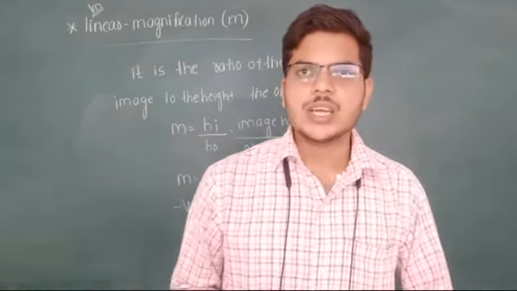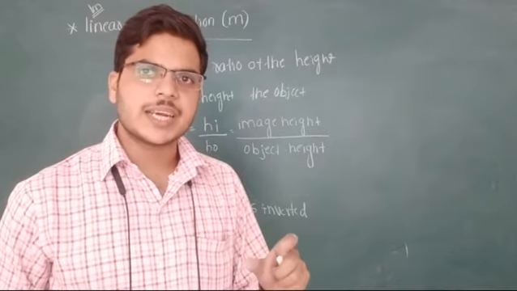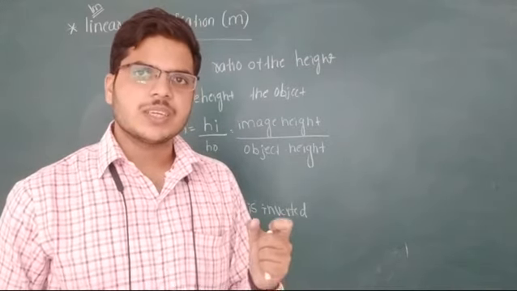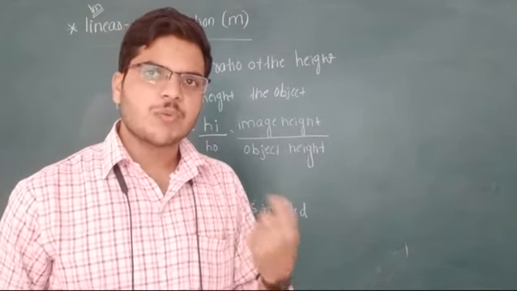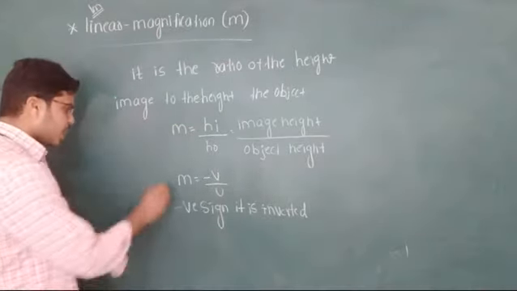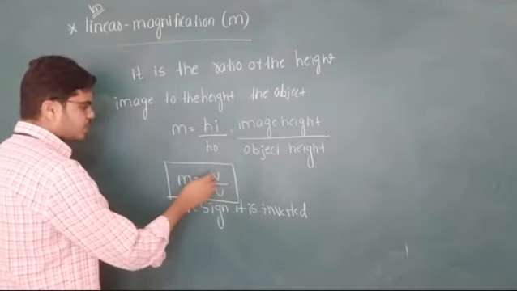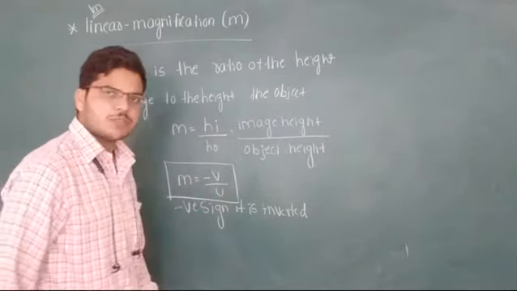Now, it is very difficult to calculate the height of the image and the height of the object. So instead we use another formula. The linear magnification is also given by m = -v/u. What is v?